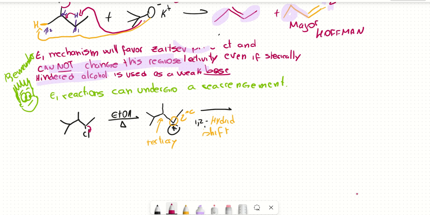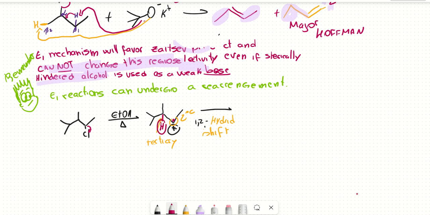So imagine we have a hydrogen over here, right? We actually have two. So this hydrogen will move with its electrons, that is the movement of electrons. Not this one, sorry. This will not move because this is where the charge is. So we need to move this hydrogen over here.